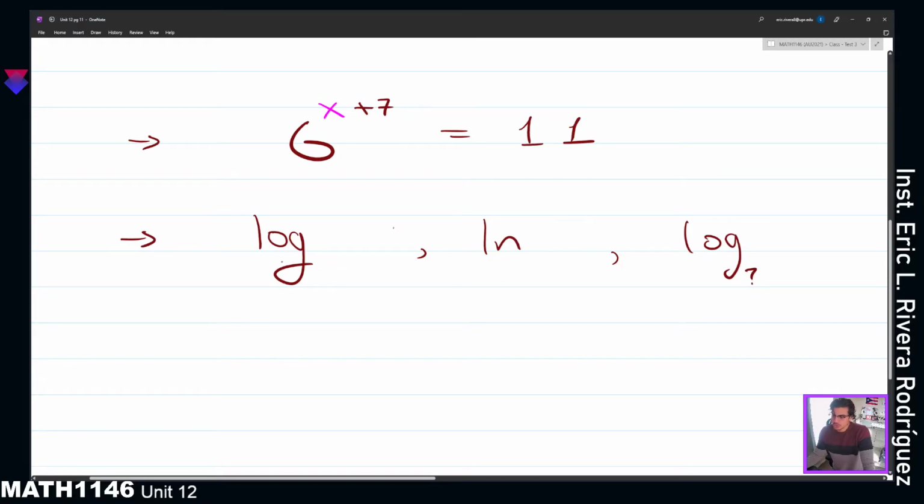The two common methods to solve this exponential equation are using log base 10, or just log, or natural log. These two are good methods because on your calculator you will see that you only have log base 10 or natural log. Few calculators allow you to use a different value for the base of your logarithmic function.